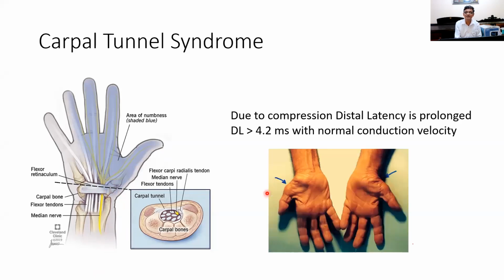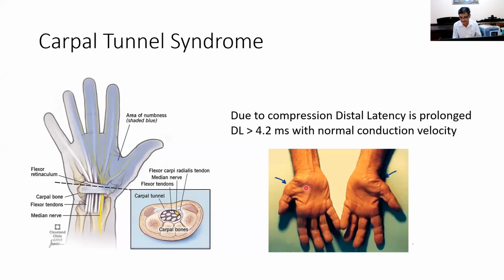So this is a picture showing atrophy of the thenar eminence, while the hypothenar eminence is looking normal. Here, atrophy. So if there is evidence of carpal tunnel syndrome, since the symptoms are suggestive, you have to advise. If you see a patient, you have to tell them they must meet a surgeon or go to the Department of Physiology, get this test done and undergo surgery early.